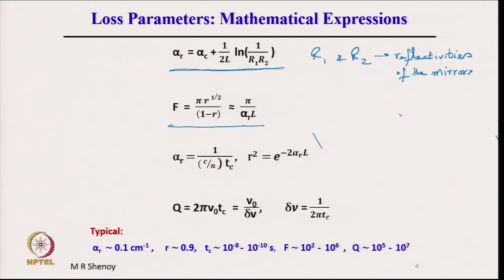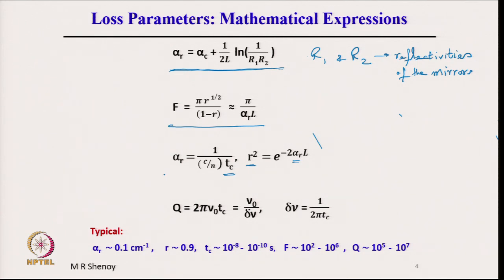We will show that for high finesse resonators, it can be written as pi divided by alpha r into L, which means alpha r and F are related. The resonator loss coefficient is also related to the cavity lifetime, and to the intensity attenuation factor per round trip.